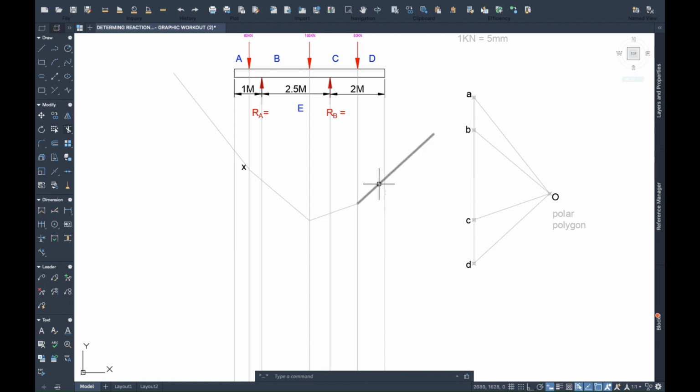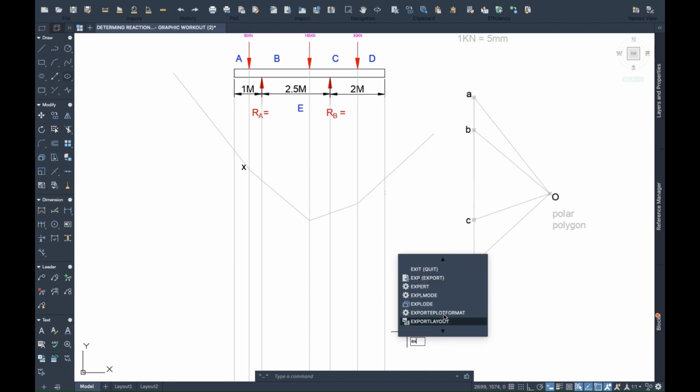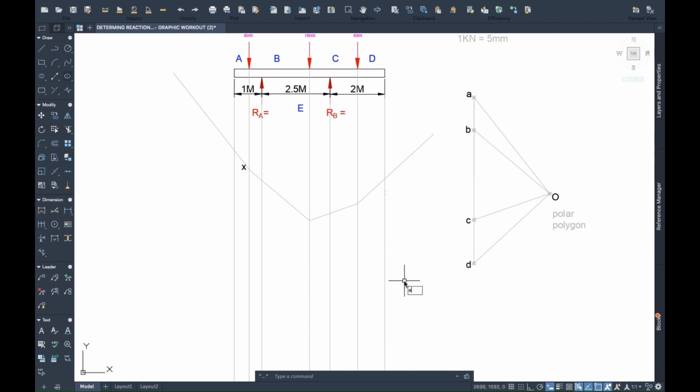Now what we're going to do is extend DO, and DO will now come and touch RB. Where DO touches RB, we're interested in this point.